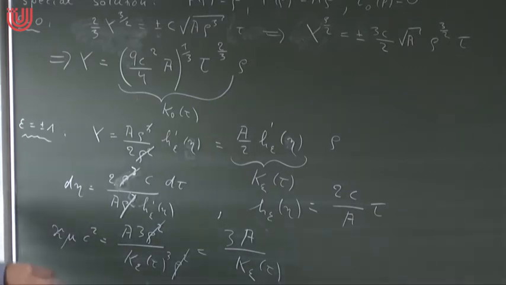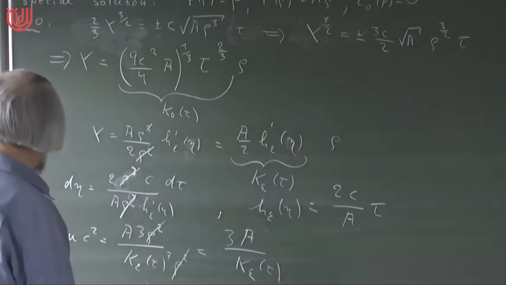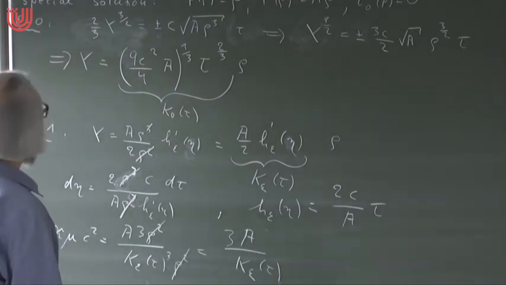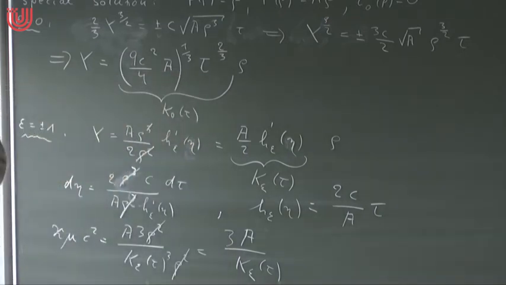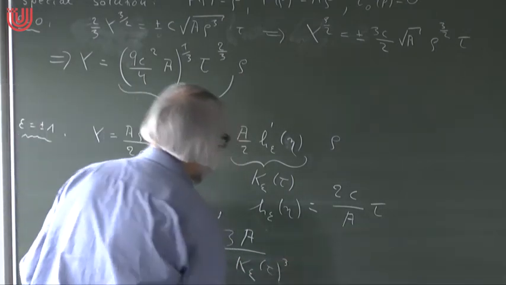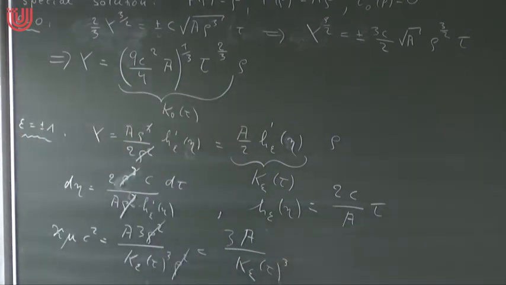Of course, it depends on time, because the ball is supposed to contract. I'm sorry? I think there's a cube missing. Yeah, thanks. There's a cube missing, yes. I hope now it's correct.